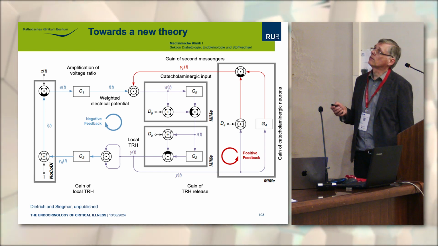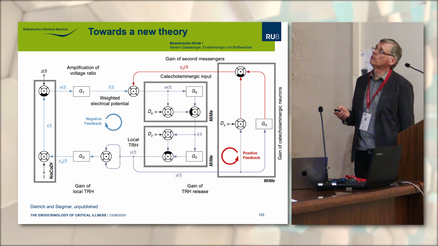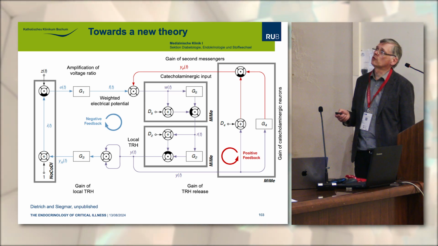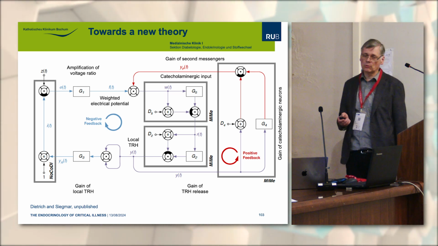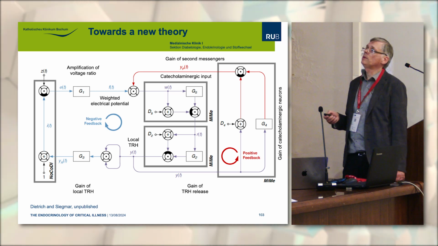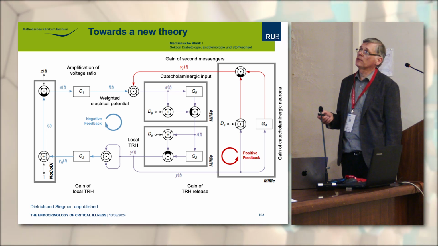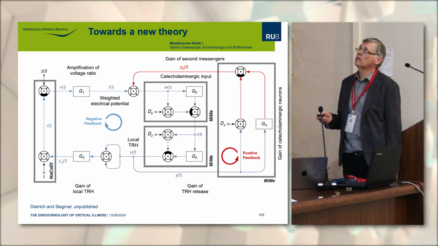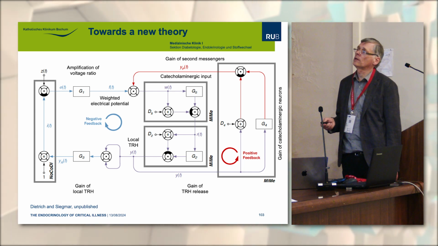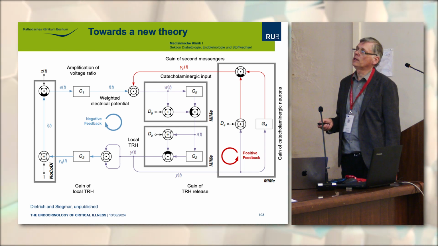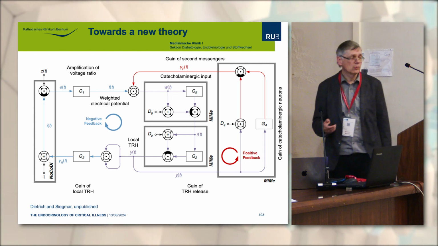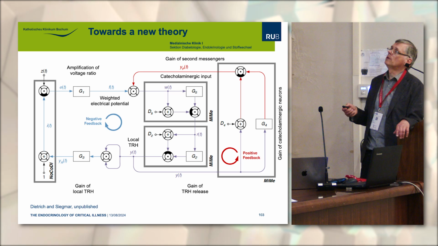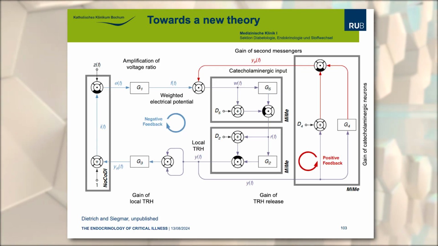And we have here the gain of catecholaminergic neurons, which then produces this catecholaminergic input by stress hormones. So we have here a negative feedback loop. This is a classical Goodwin-type loop. So these are the TRH producing neurons where this takes place. They produce TRH, and this again inhibits its own secretion. But we have also positive feedback loop over the limbic system, the stress systems.